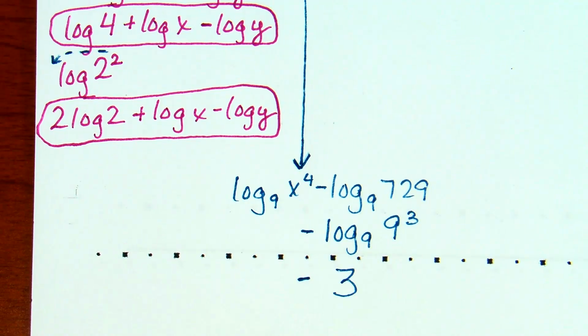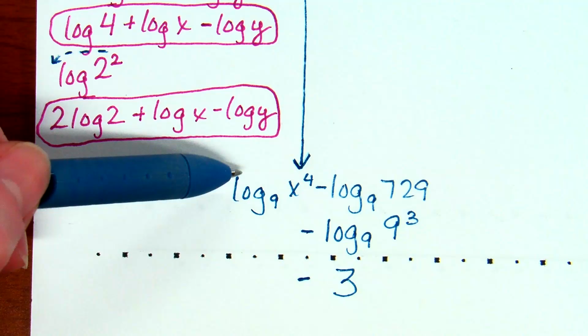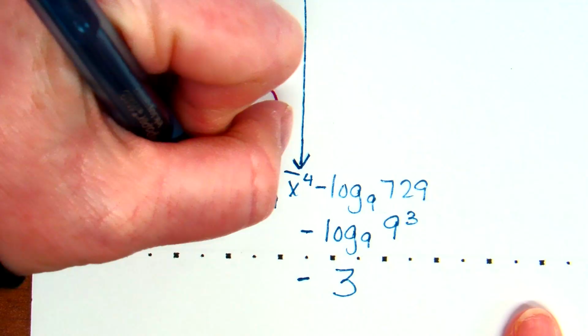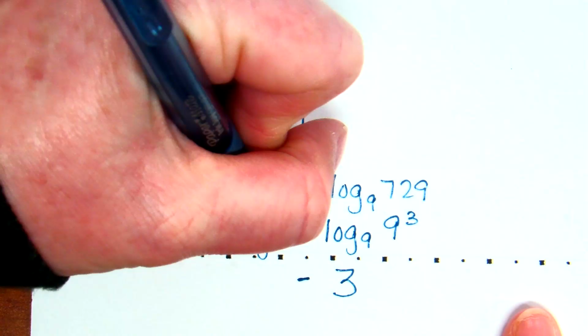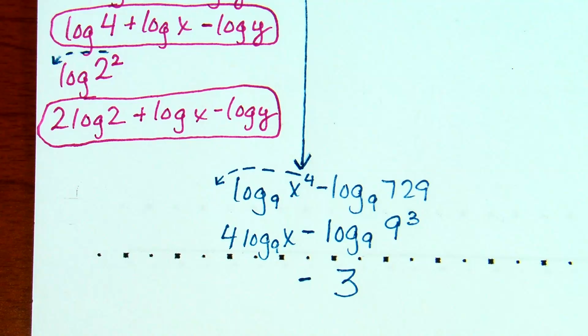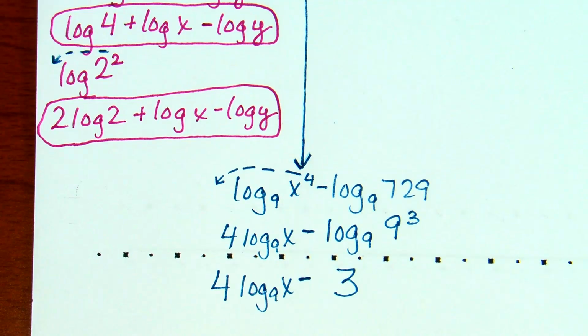One last piece. Log base 9 of x to the fourth. What should I have done here? Take the 4 and put it where? Out front. So it's 4 log base 9 of x. That one's an x. There's not anything else you can do with that. So 4 log base 9 of x minus 3 for the final answer.